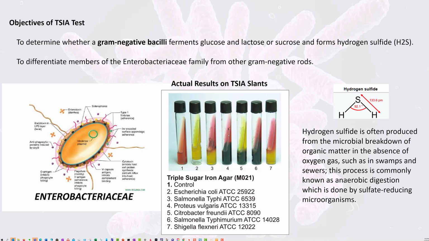But the top is red and the butt is black. Yellow at the top, black at the bottom, red and black, and then the top is red, and here the butt is yellow.